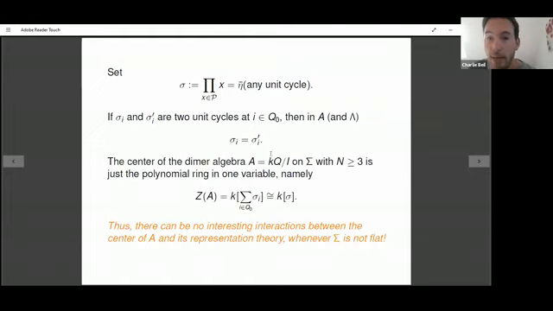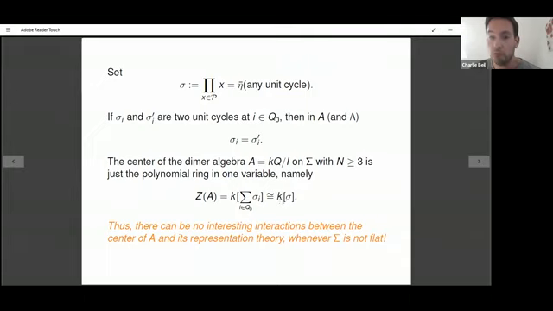The center of the dimer algebra A on sigma with n at least 3 now, so n being it's a 2n-gon, so we have at least a 6-gon, is just a polynomial ring in one variable. Namely, it's the K algebra generated by the product of the unit cycles, one at each vertex. And we'll see this later in the context of cluster algebras.